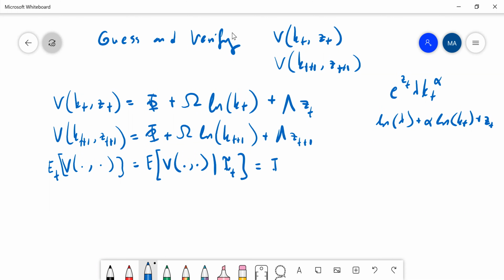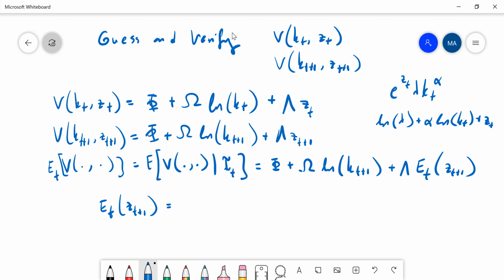So it is phi plus omega ln kt plus 1. Careful, you are choosing kt plus 1, so you know what it is. But be careful here, you must have Et zt plus 1. Now what is Et zt plus 1?